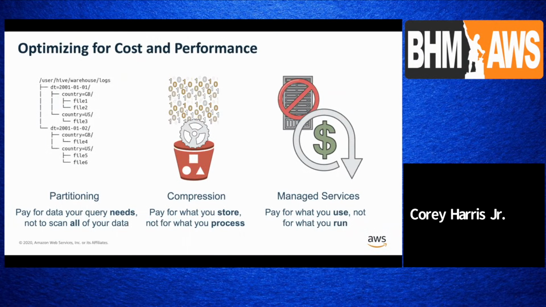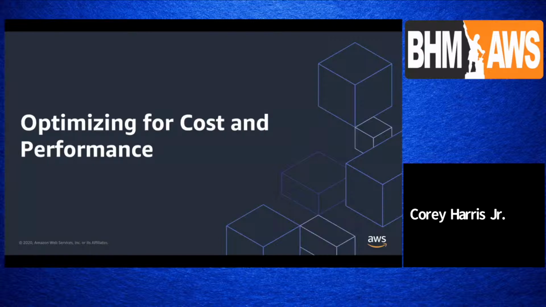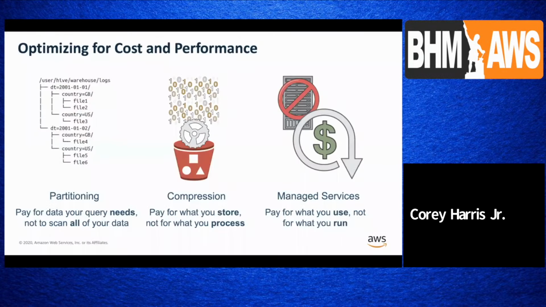Okay. So when you think about ETL, right, and optimizing for cost and performance, there's a couple of things to keep in mind. When you're landing data in S3, for those who are knowledgeable of partitioning, that is crucial because this is essentially the logical structure, or actually a logical structure and physical structure of how you're storing that data, and it correlates directly to performance.